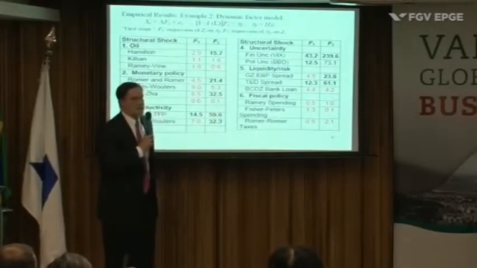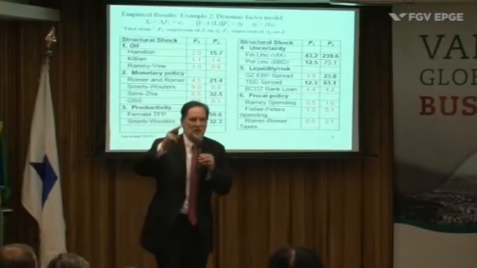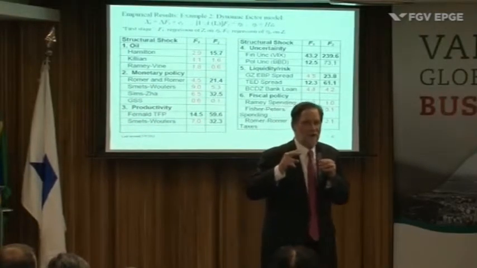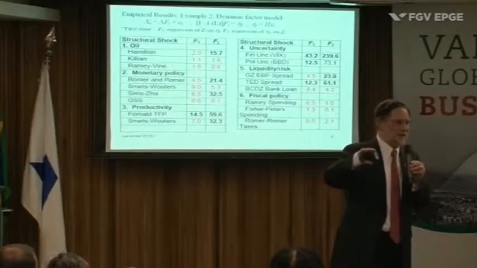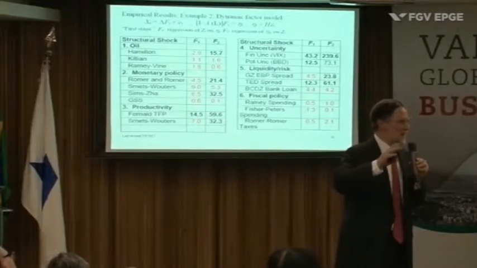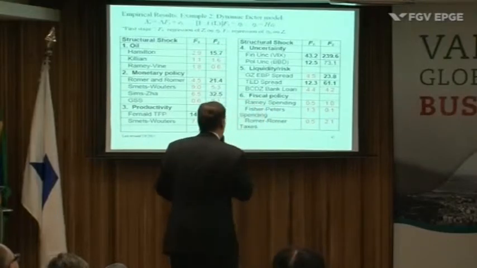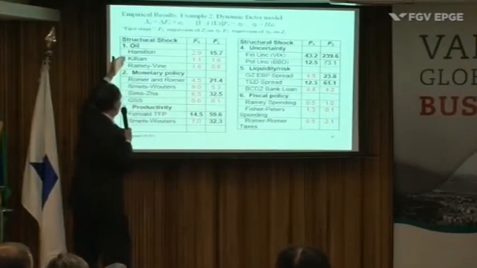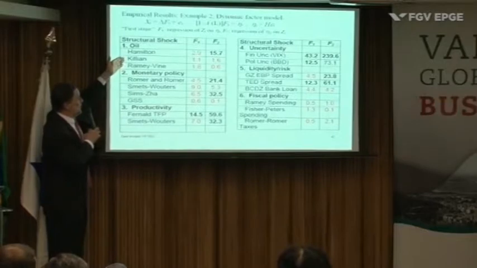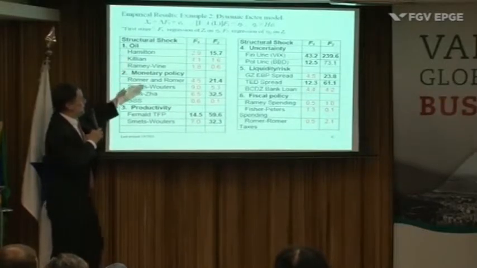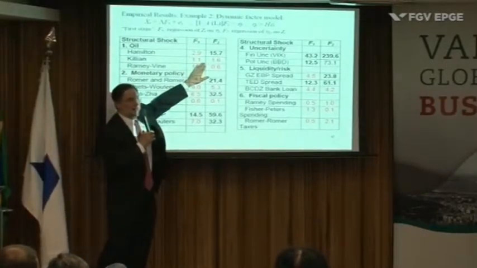This F2 is the F statistic which is measuring whether these instruments are weak or not. An F statistic bigger than 10, maybe it's not a big deal. An F statistic less than 10, maybe these weak instruments turn out to be important. You can see here, when we use the Killian oil shock, the F statistics are tiny.